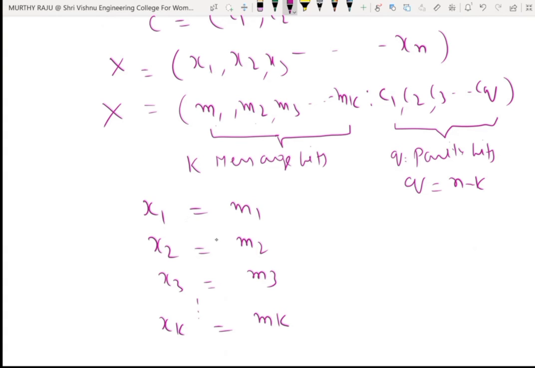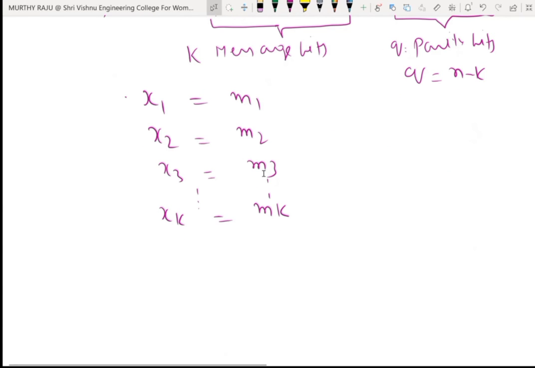That means x1 is equal to m1, x2 is equal to m2, x3 is equal to m3, and so on, xk is equal to mk. The last n minus k bits are the parity check bits.